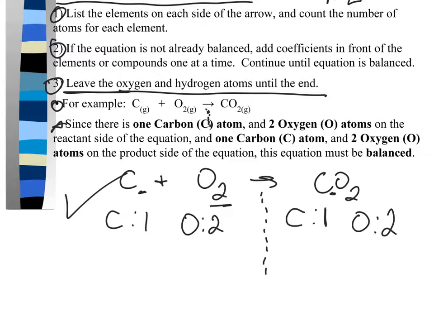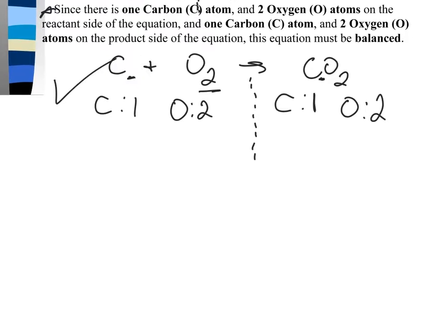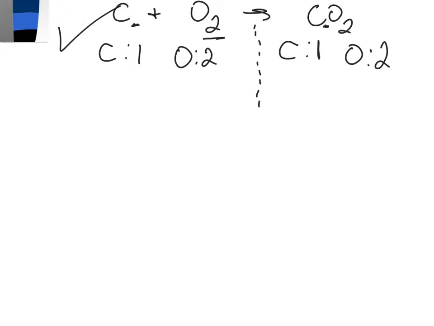Now, last thing that I want to do here, I'm just going to move this again, show you an equation where it talks about moving large coefficients. So let's say I have hydrochloric acid is going to decompose into hydrogen gas plus chlorine.